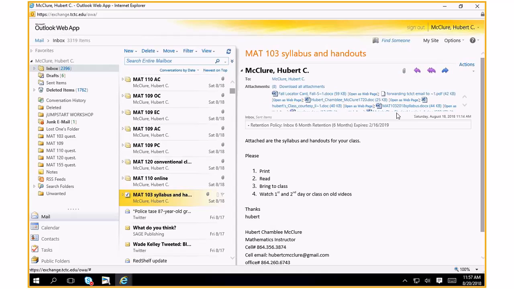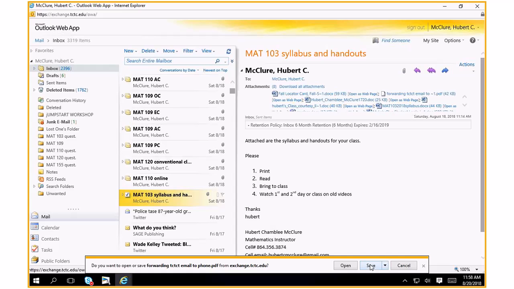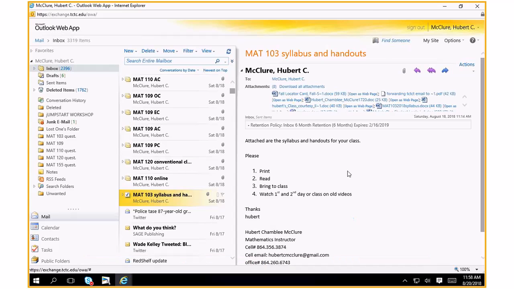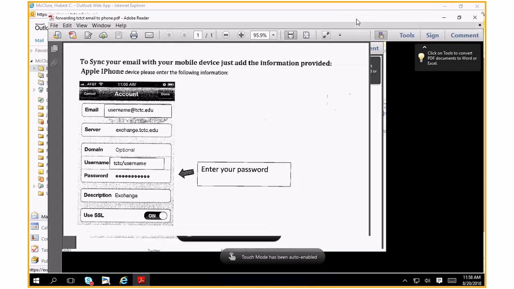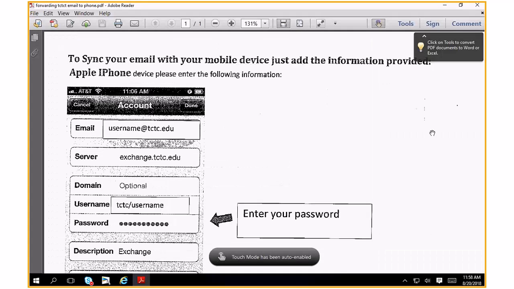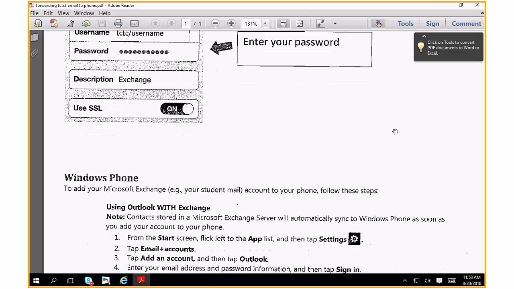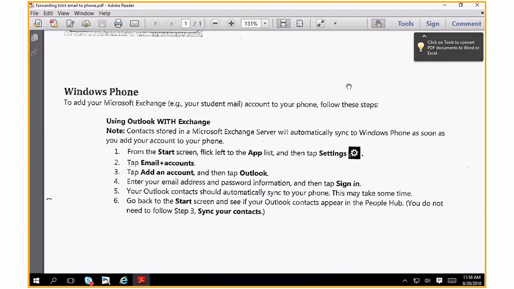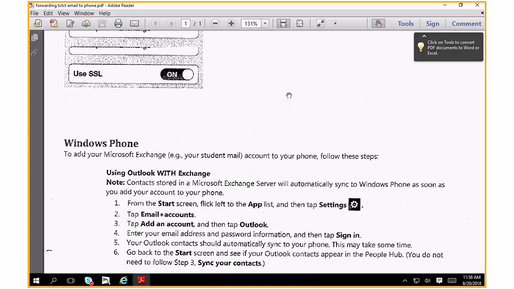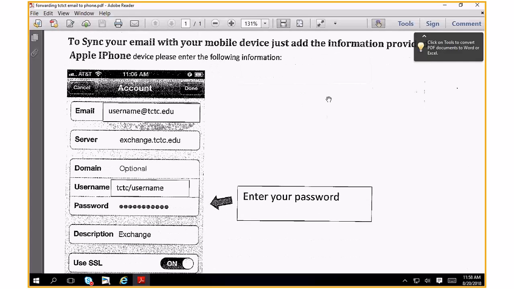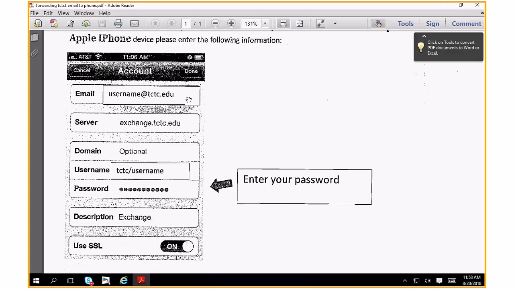Forwarding TCTC email to your phone. Make sure you do that. You don't have to do it, but if you've got some teachers that are somewhat technologically savvy, in other words, they send things by email or they communicate via email, you might want to do this. You can always turn the notification off so it doesn't blow up your phone, but it's a good thing to have.